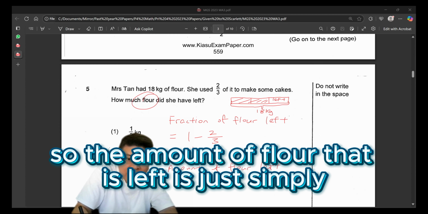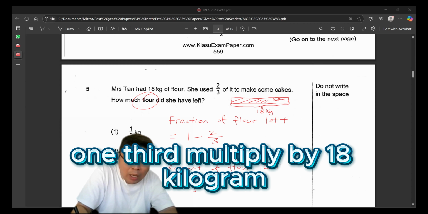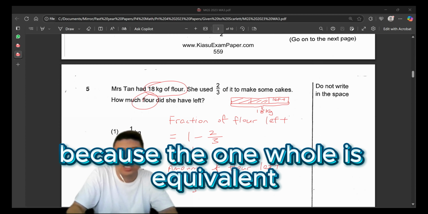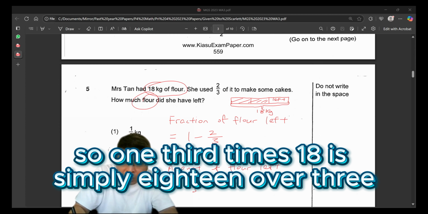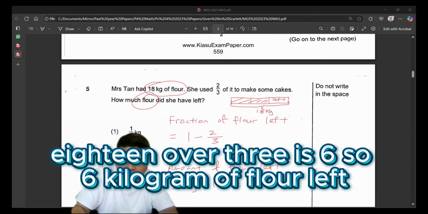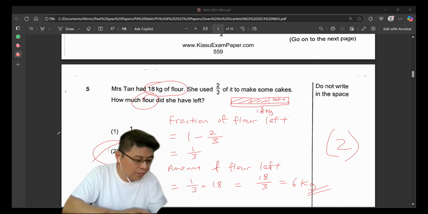The amount of flour that's left is simply 1/3 multiplied by 18 kilogram, because the 1 whole is equivalent to 18 kilogram of flour, and she is left with 1/3. So 1/3 times 18 is simply 18 over 3. 18 over 3 is 6, so 6 kilogram of flour left. So the answer is 2. Understand for question 5?